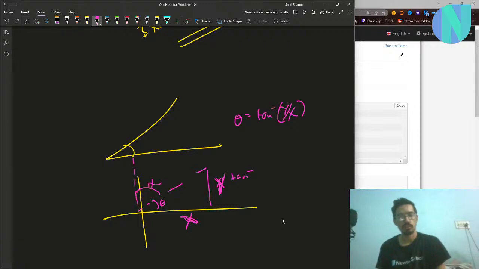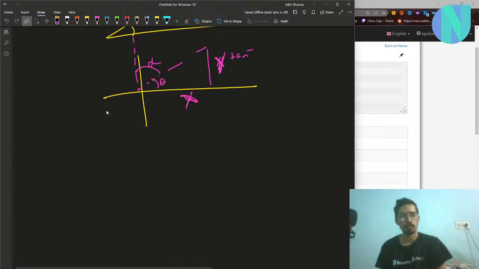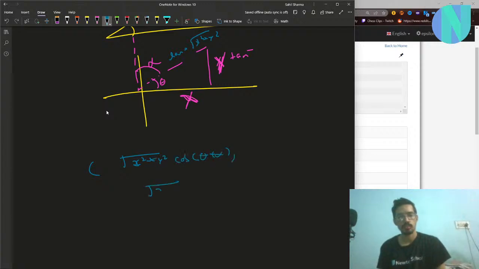So then I add alpha, and my new coordinates will be, if the length of this is equal to under root of x square plus y square, then my answer will be under root x square plus y square cos of theta plus alpha, and under root x square plus y square sine of theta plus alpha. Right, so that will be the answer.